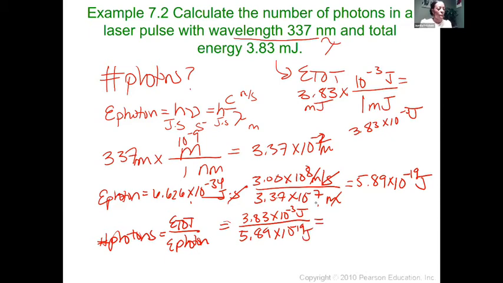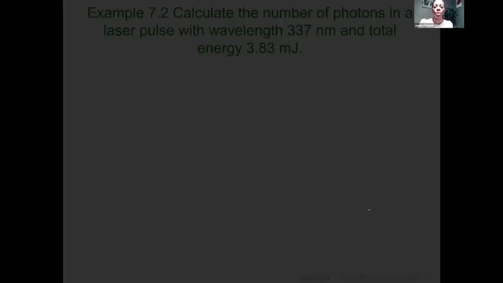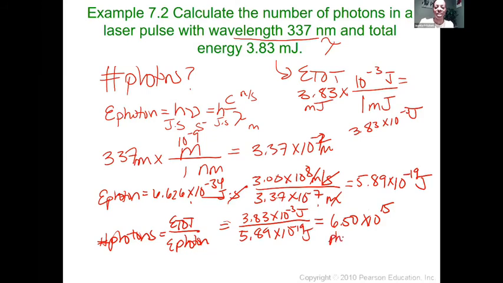So 3.83 e to the negative 3 divided by 5.89 e to the negative 19, and that gives us 6.50 times 10 to the 15 for our total number of photons. So 6.50 times 10 to the 15 photons are found here.